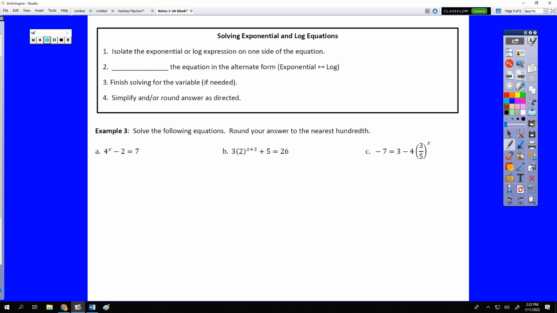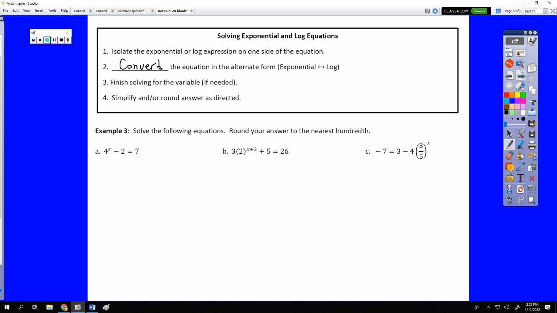So if we want to solve an exponential or logarithmic equation, that is where x is an exponent, or where an equation contains a logarithm, we're going to isolate the exponential or log expression on one side of the equation as much as possible. Then we are going to convert that equation into the alternate form. So exponentials will be turned into logs, logs will be turned into exponentials.